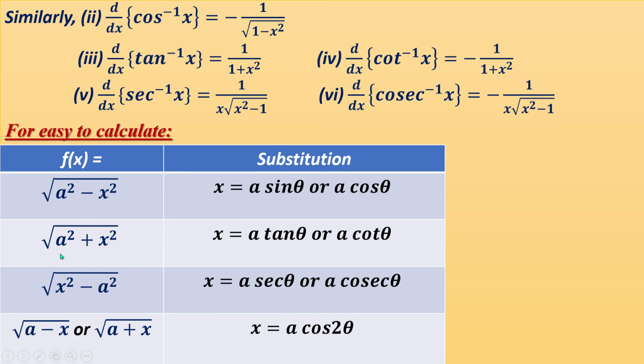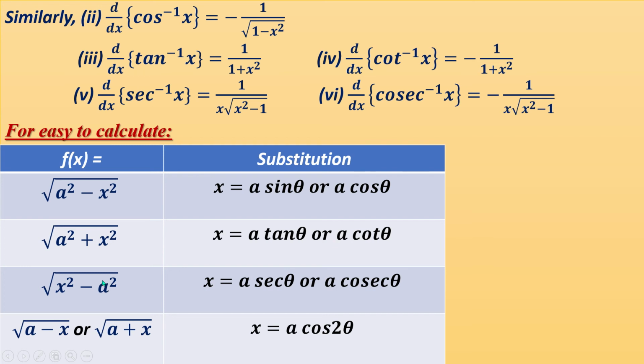But for square root of a square plus x square, that means constant square plus variable square, we can write x is equal to a tan theta or a cot theta, because after putting x equal to a tan theta or a cot theta, this makes a formula.